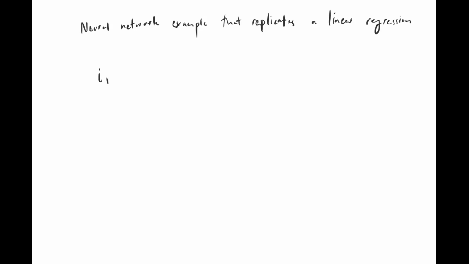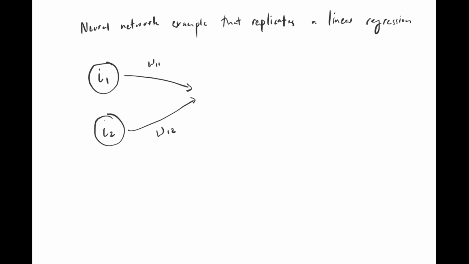So we have I1, I2, that's a cursive L. And so we have some kind of function that is a function of my two inputs. It looks something like this.